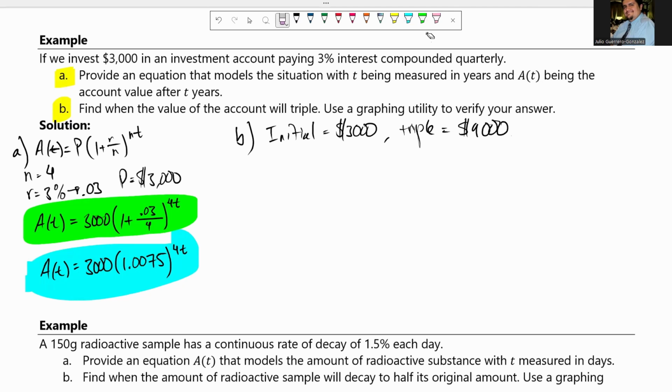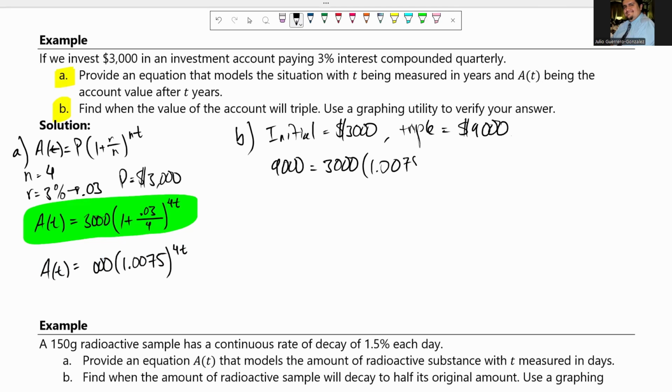So it's exactly how you think it's going to be. I'm going to do 9,000 is equal to 3,000 times 1.0075 to the 4t.